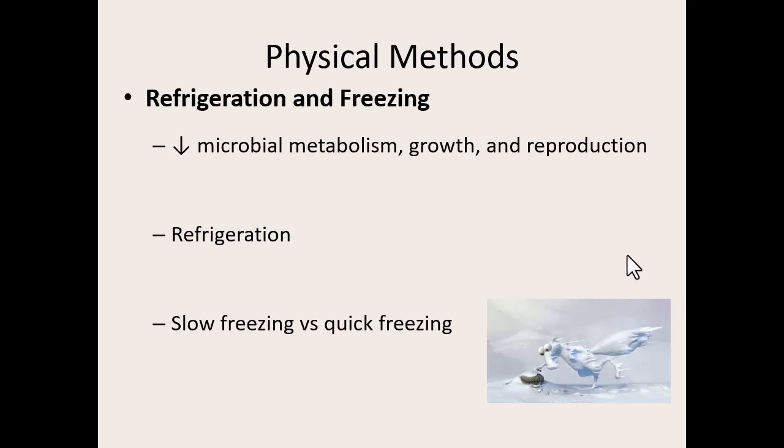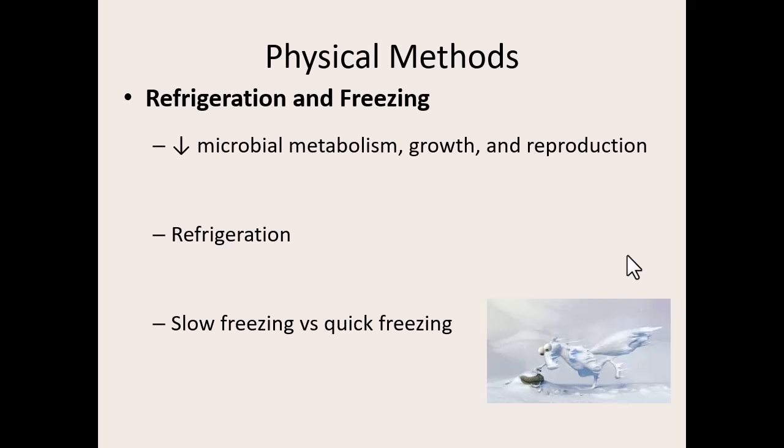Quick freezing is when we use things like minus 80 degrees Celsius freezers that are way below that freezing temperature of 0 degrees Celsius. When we quick freeze things with a really cold temperature, that water freezes so fast it doesn't allow those sharp ice crystals and spikes to form, and so the bacteria are allowed to survive.